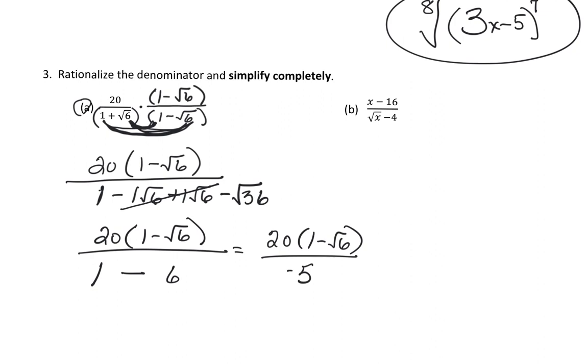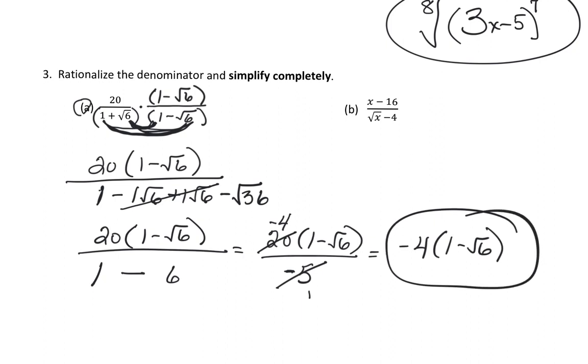And do not forget, cross out anything we can. 20 and negative 5 have a common 5, so we can take out a negative 5. If we take out a negative 5, that leaves us negative 4. So my final answer, right here. Here we go. That's rationalizing the denominator.